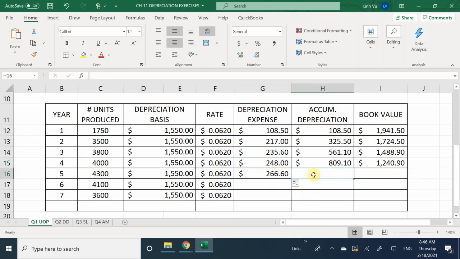And then my accumulated depreciation, 1,075.70. Good. Bringing my book value for year 5 to be 974.30.